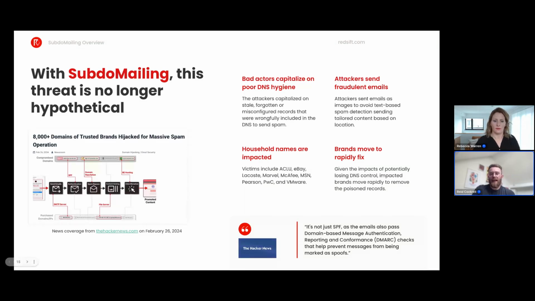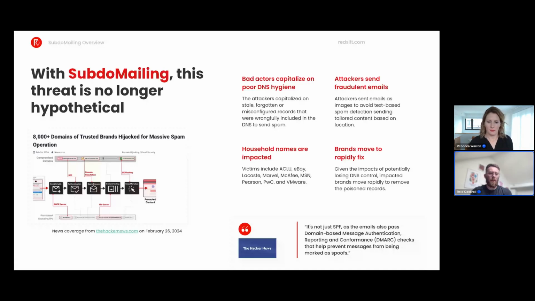So these bad actors were able to capitalize on poor DNS hygiene. This is looking for any stale, forgotten, or misconfigured records in your DNS. Attackers are then able to send fraudulent emails, sent as images to avoid text-based spam detection. And the sheer volume of this campaign is fairly scary.